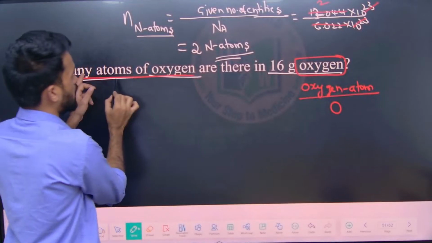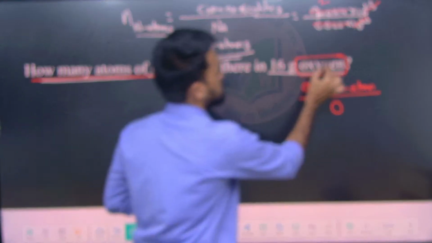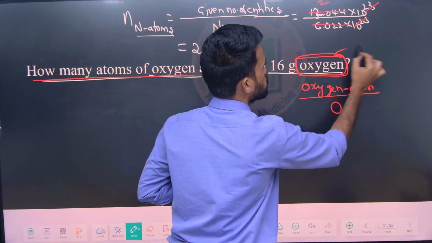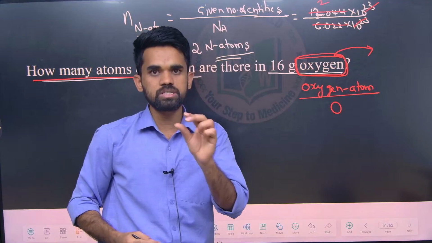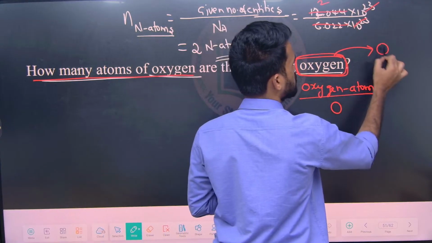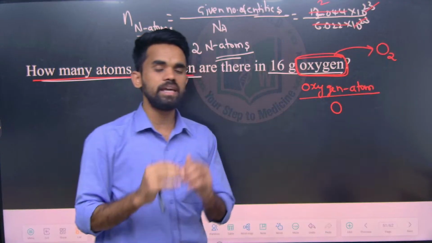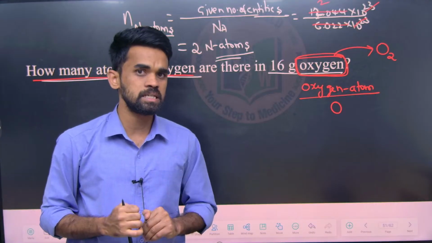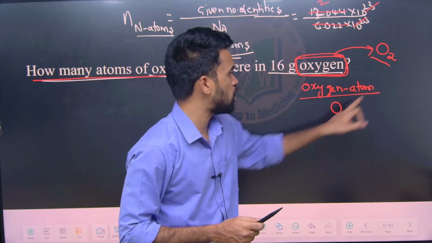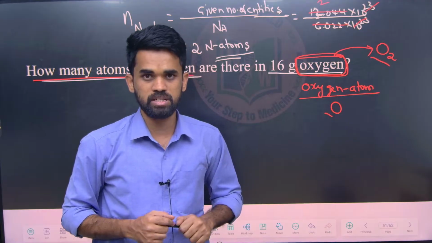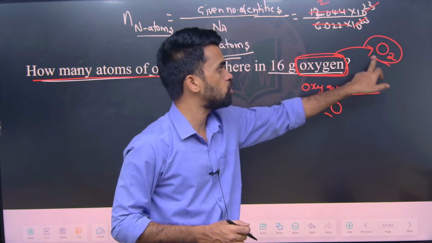If they mention just oxygen, it will be in the O2 form, because in nature oxygen exists in the molecular state, not the atomic state O. It will be in the O2 form only.